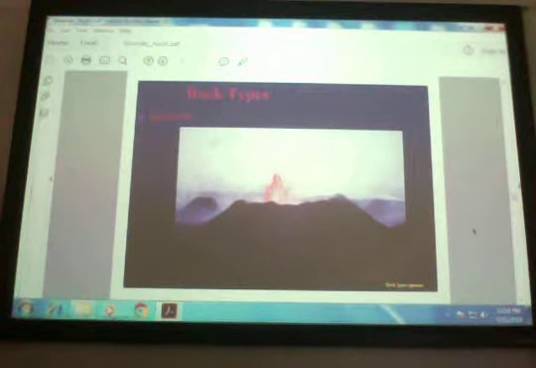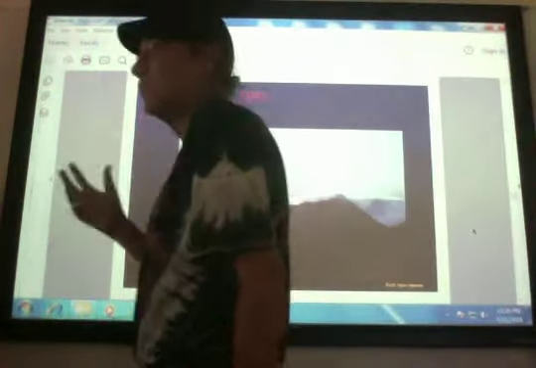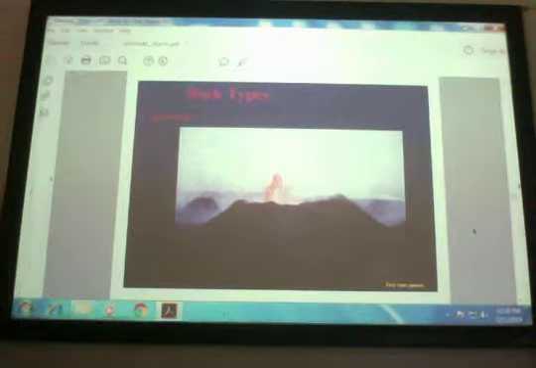And then you have the plutonic rocks. These are the intrusives, and they cool down very slowly, and therefore you can observe the crystals, yeah?